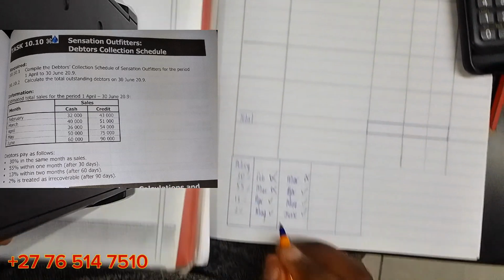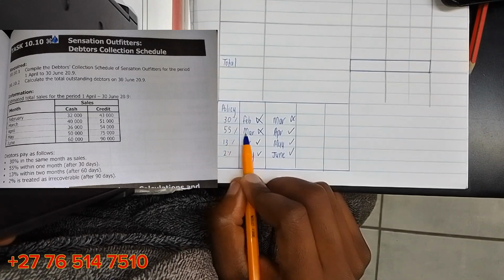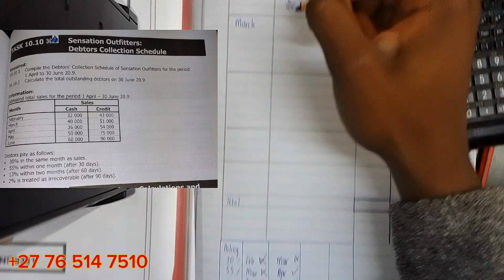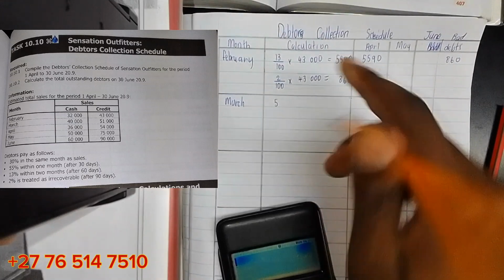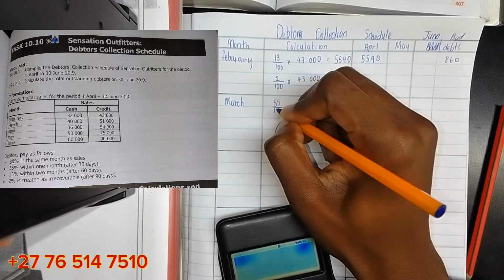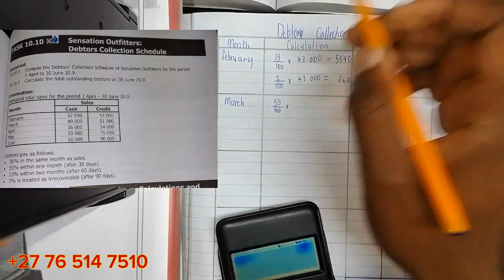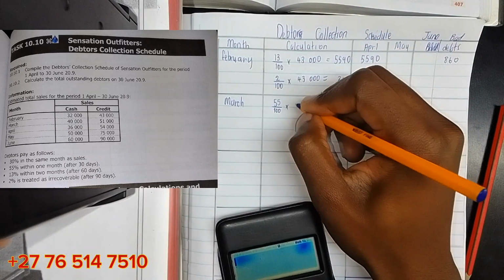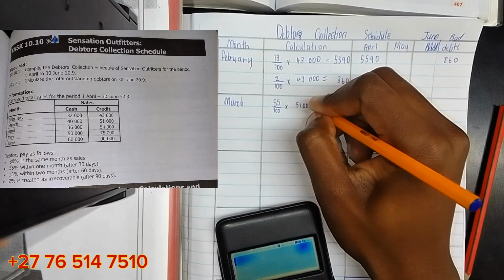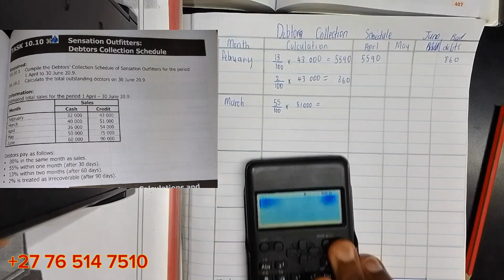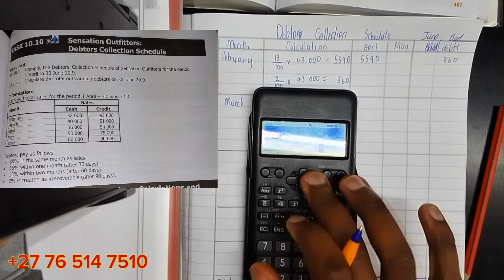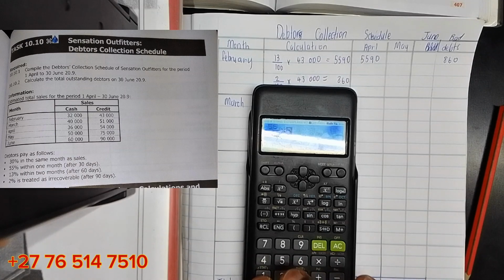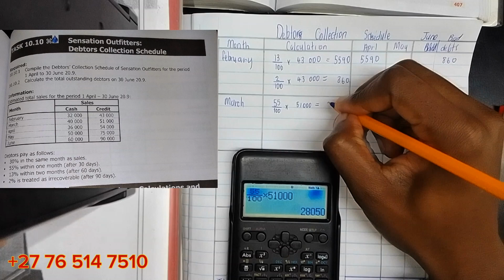So April, as you can see, it's 55%. So we're coming here, 55 over 100 times the 51,000 that is in our total credit sales for March. 55 over 100 times 51,000 is 28,050.